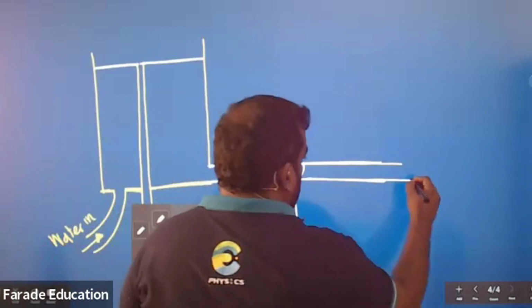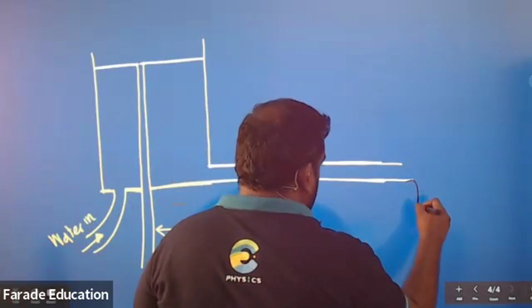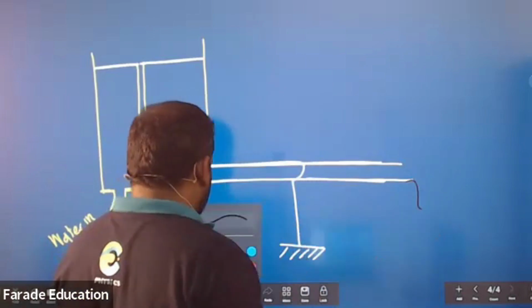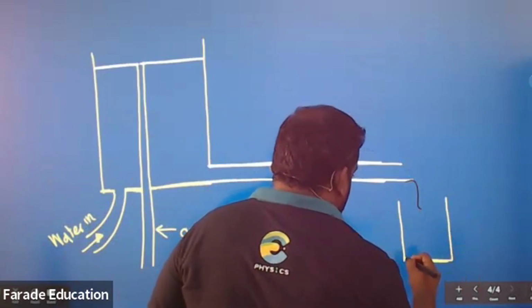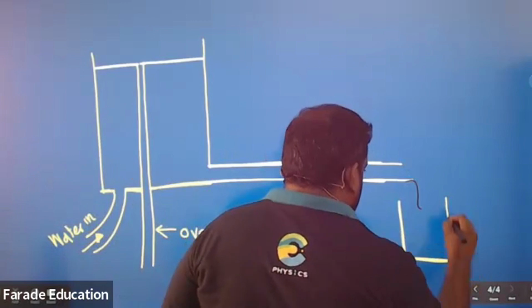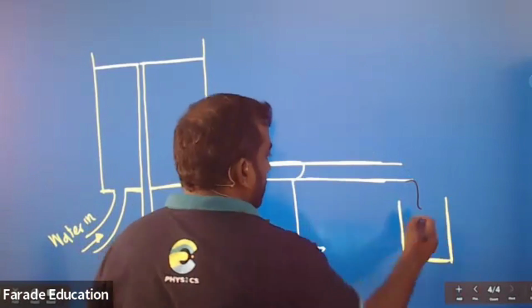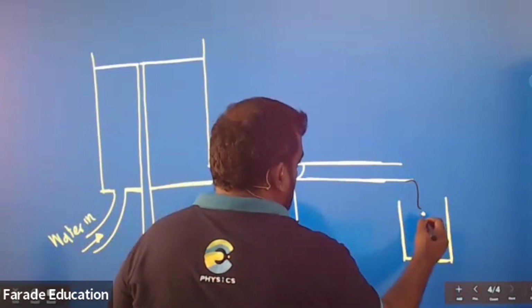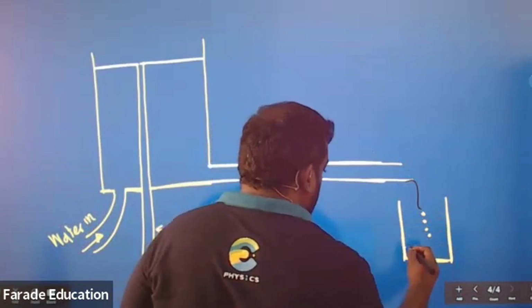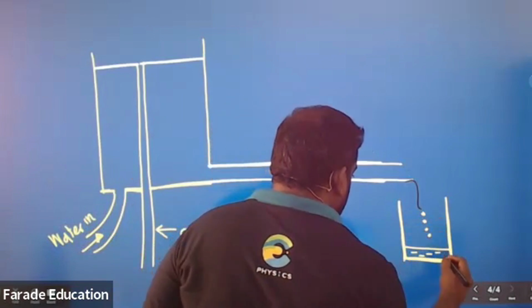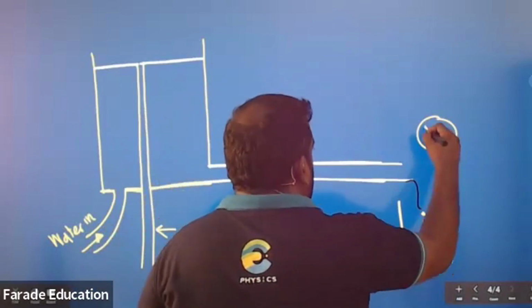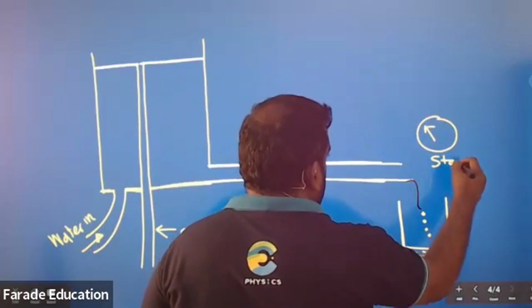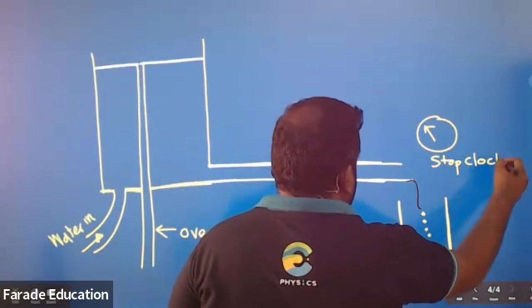Then there is going to be a small piece of string connected here. We are going to have a beaker, or we can say measuring flask, with water falling in. Here you must have a stop clock or a stopwatch.